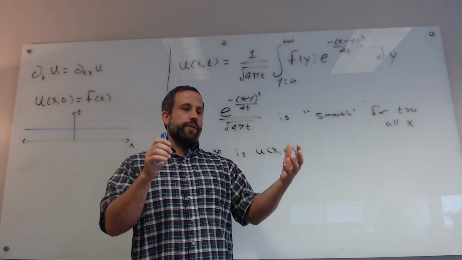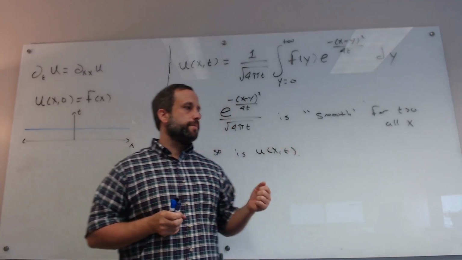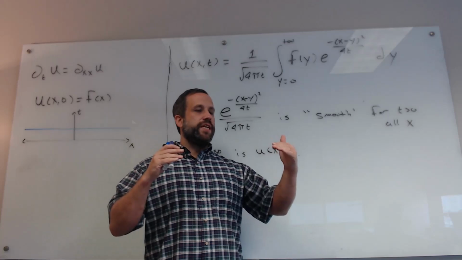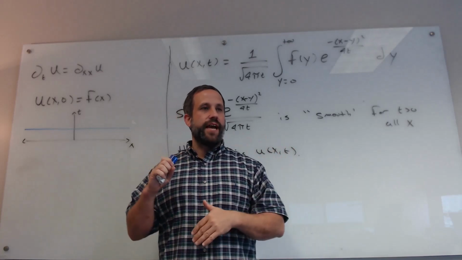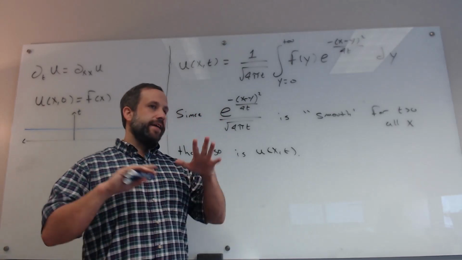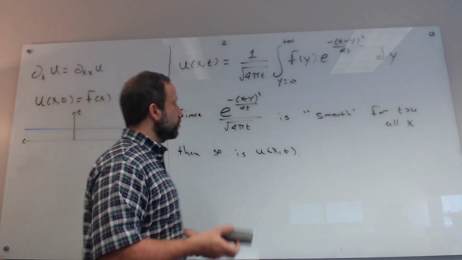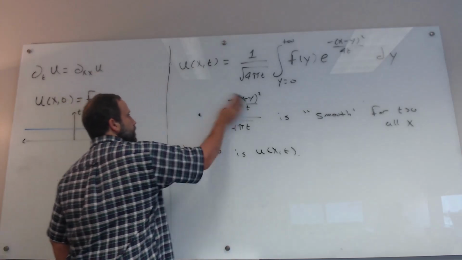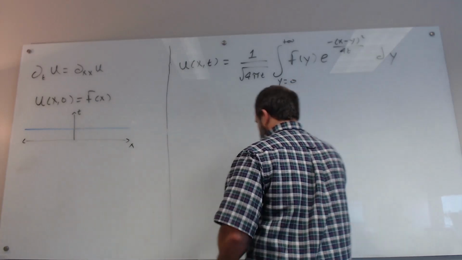It's not differentiable, not continuous. Maybe there's a huge singularity, which we'll see in just a minute. But for any value of t greater than 0, like t could be equal to one millionth of a second or whatever, we're going to get a smooth function. So this is a very interesting property of the diffusion equation, and I want to look at a particular case of it.